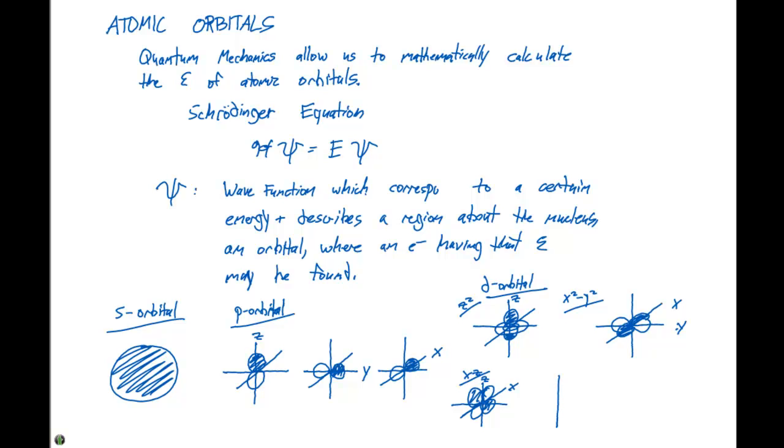If we look at the dyz, it's going to have a lobe in each of the 4 quadrants of the yz plane.